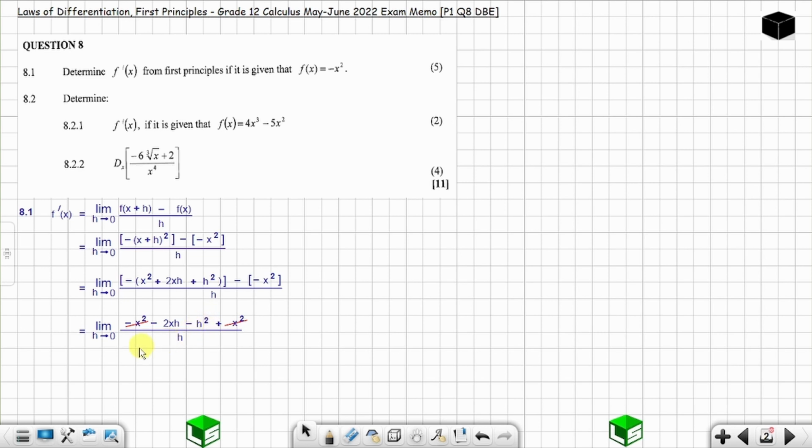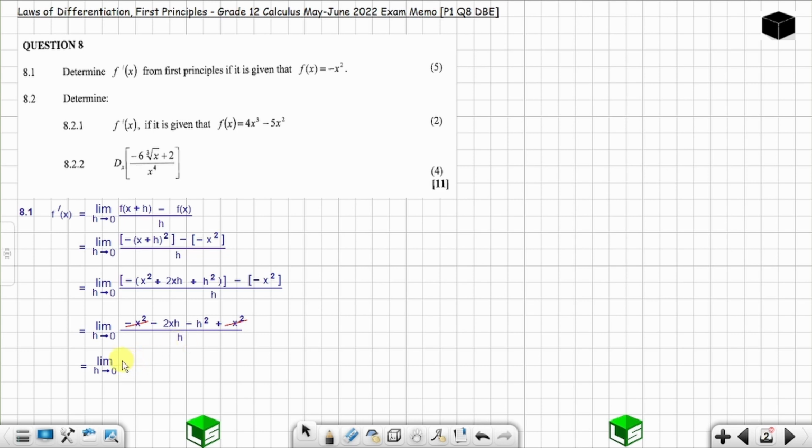Let's carry on. This is equal to the limit as h goes to 0. What you can do is take h outside of the bracket. You have h in there and you have h in there. So you can take h outside of the bracket so that you can have cancellation with the h at the bottom.